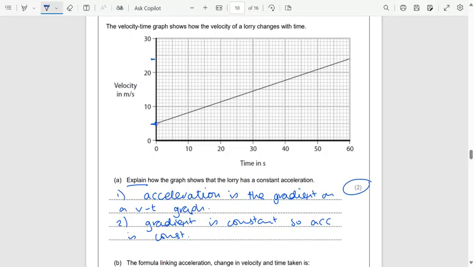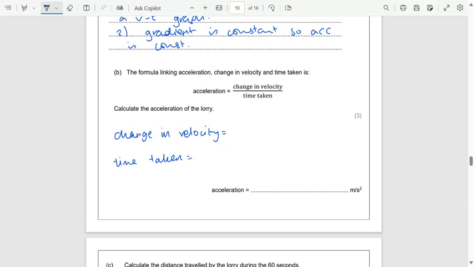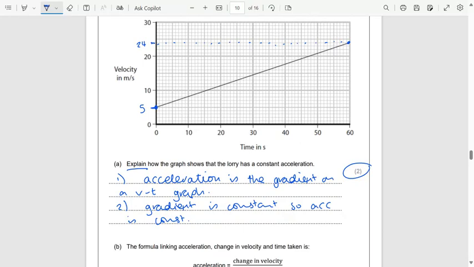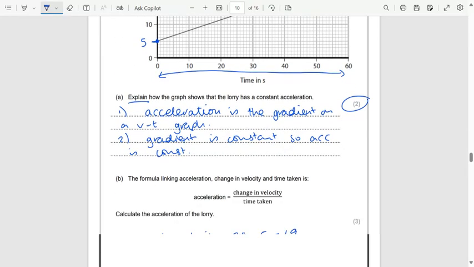So we go from this velocity to that velocity, and if I just dash this across, you should be able to see a little bit more easily why I've highlighted that. So this number is 5, and this number is 24. So the change in velocity, I'm going up to 24 from 5, so my change in velocity is 19. The time it takes to do that is from 0 to 60, so it's 60 seconds.